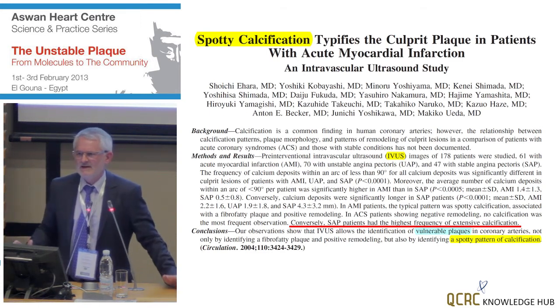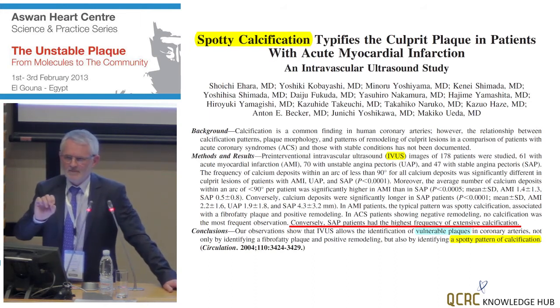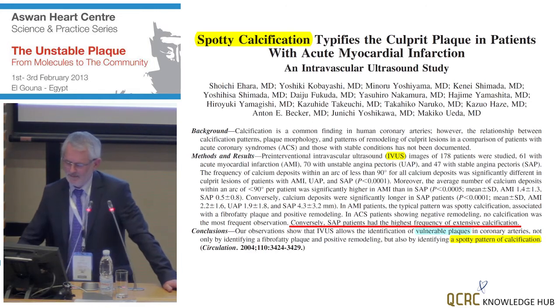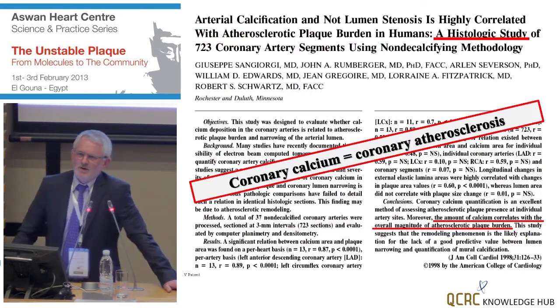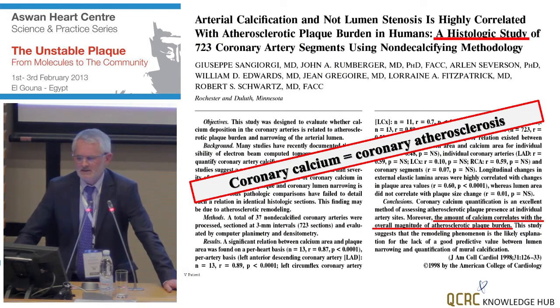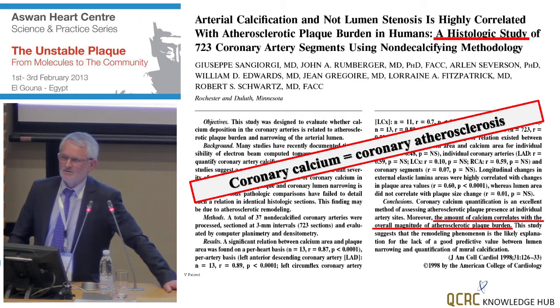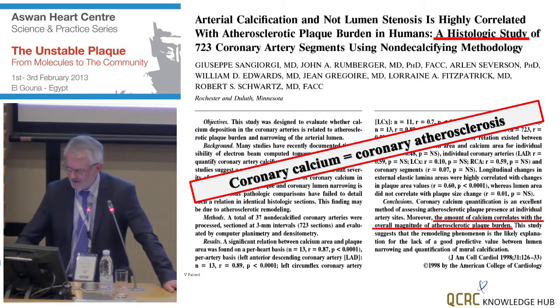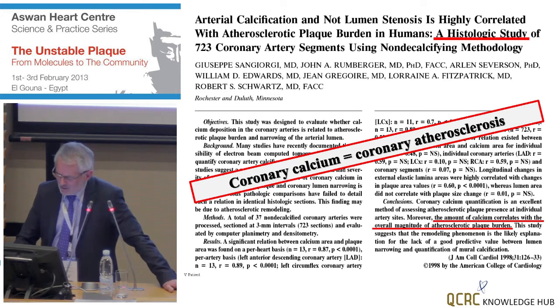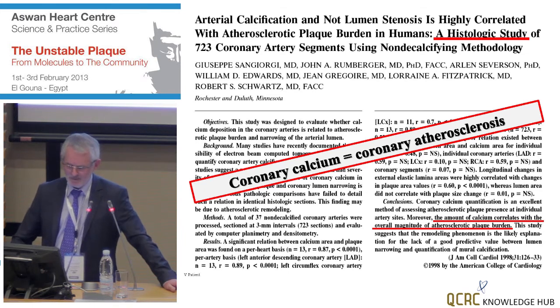But overall, calcification may also be used to identify not high-risk lesions, but high-risk patients. In fact, it has been known for a long time. It was initiated, I think, by this study, published a long time ago. It's a pathological study with a careful examination of the coronary arteries, where the amount of calcification was correlated with the amount of atherosclerosis, also called plaque burden. And it was found that the amount of calcium correlated with the overall magnitude of atherosclerotic plaque burden.